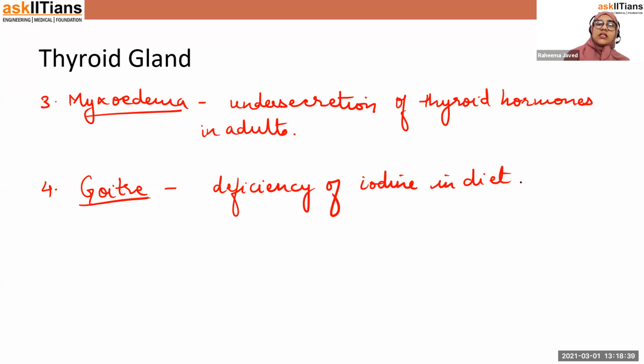If proper iodine is given in the diet, then people can be saved from the disease. I have already told you the function of calcitonin. It stops the release of calcium ions from the bones.